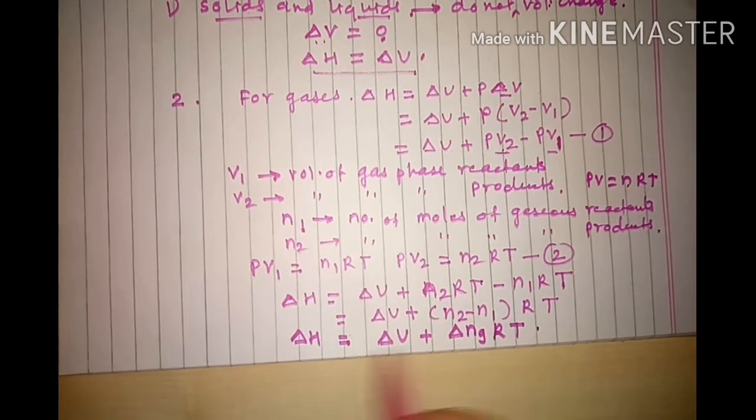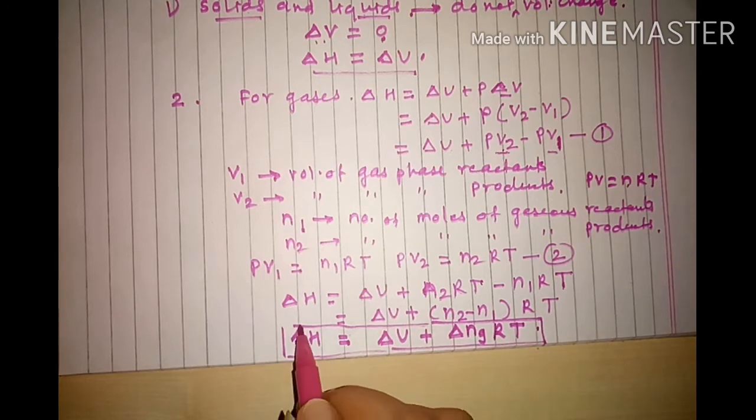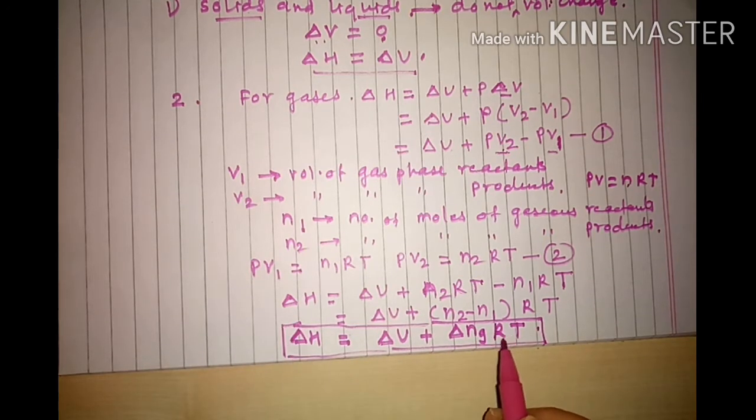So this equation is very much needed to solve the problems based on finding the enthalpy change in a gas phase reaction. Here delta N is the difference between the number of moles of product and those of the reactant.